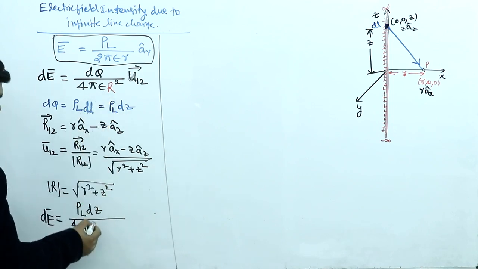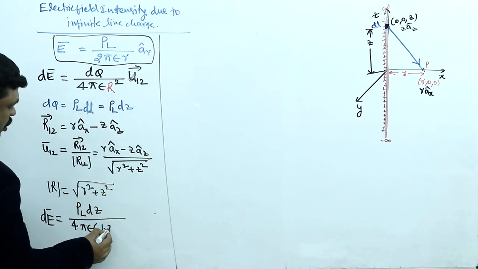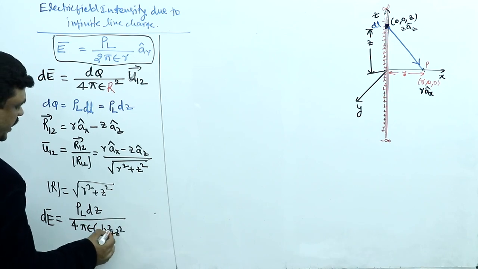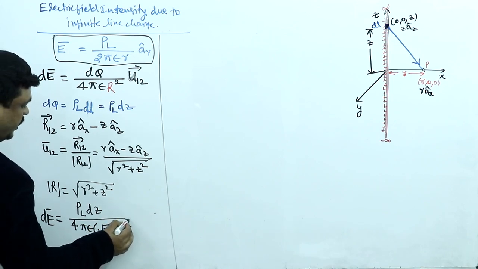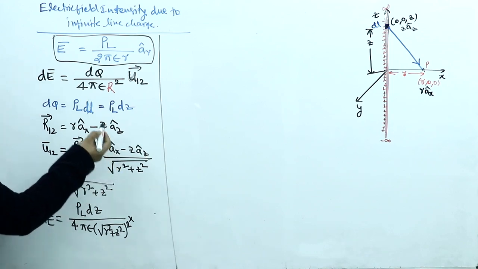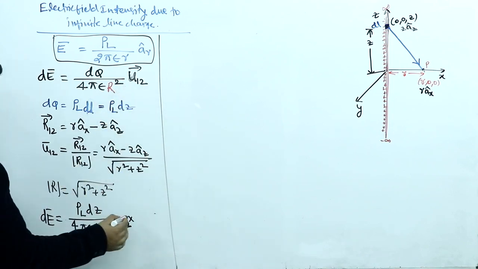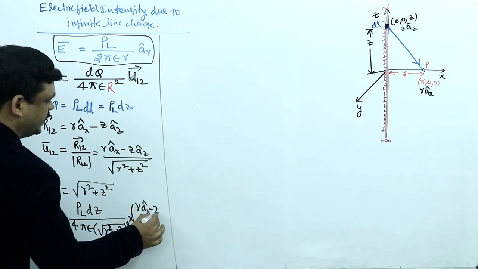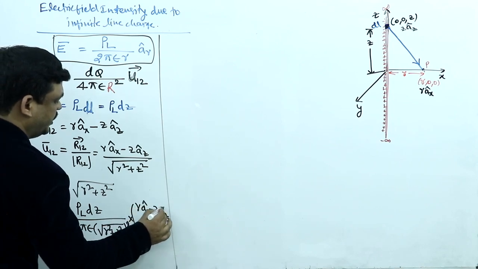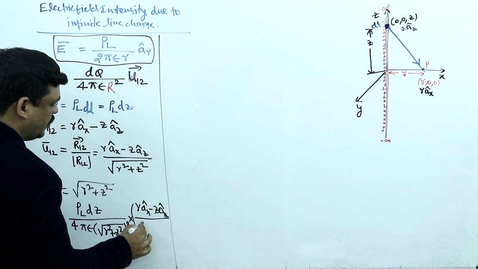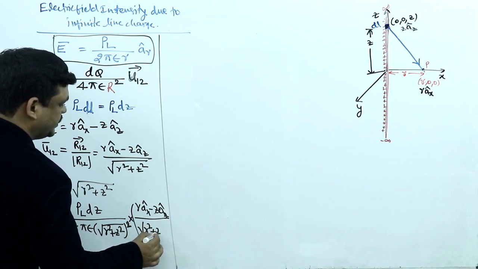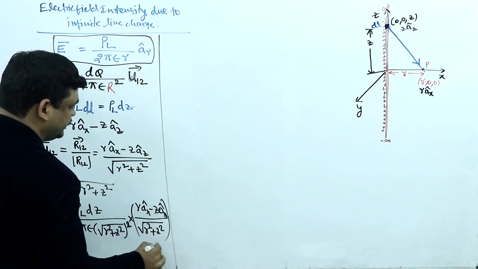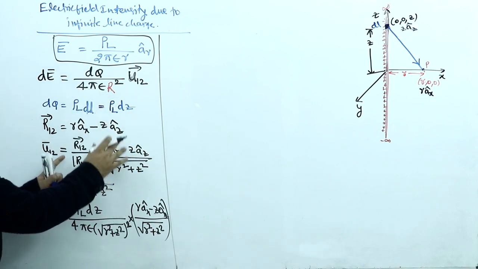Here r square is there, and r is nothing but the square root of r square plus z square, whole square, into the unit vector u12. The unit vector is this one, right? So r into ax minus z into az by the square root of r square plus z square is there. So I have substituted all these parameters.